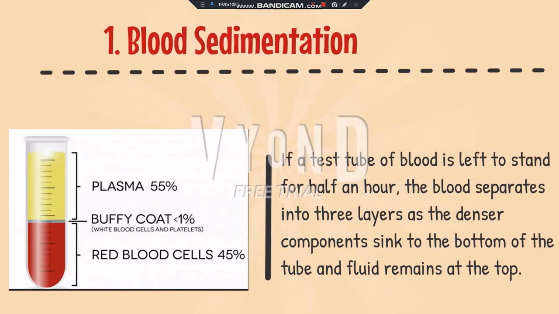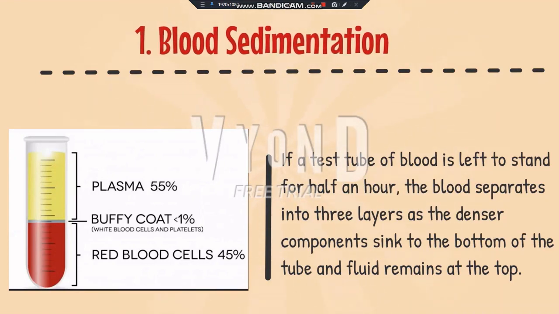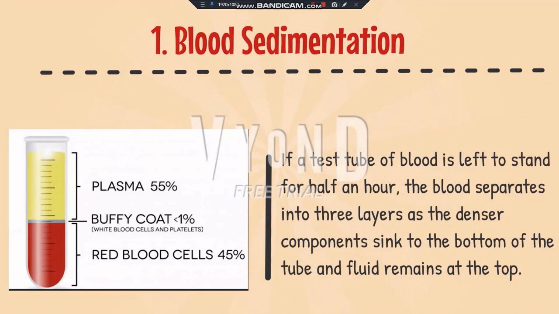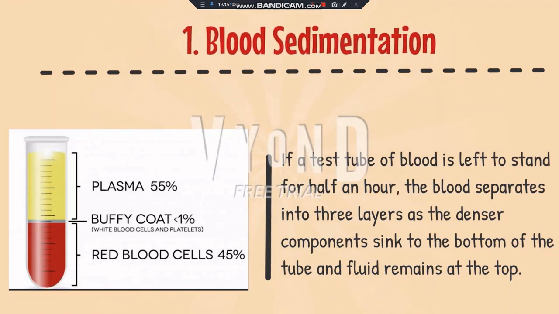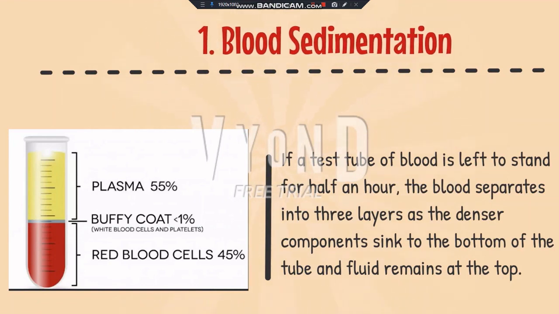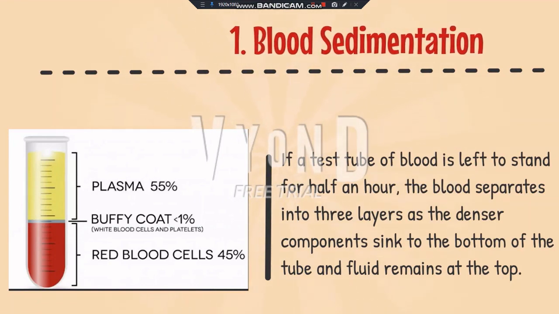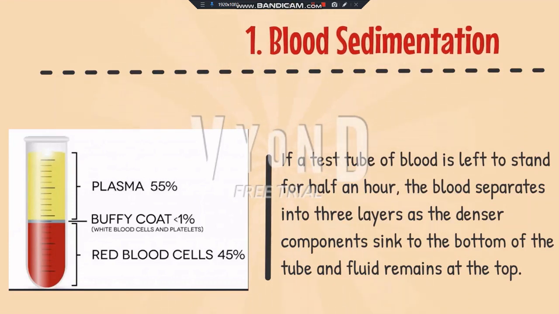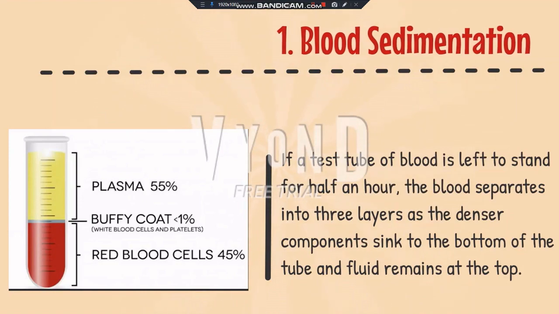Plasma composes 55% of blood, and the rest 45% is blood cells, which include white and red blood cells. Blood contains cells, proteins, and sugars. If a test tube of blood is left to stand for half an hour, the blood separates into 3 layers as the denser components sink to the bottom of the tube and fluid remains at the top.